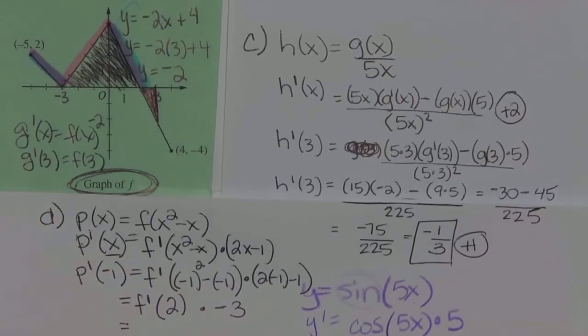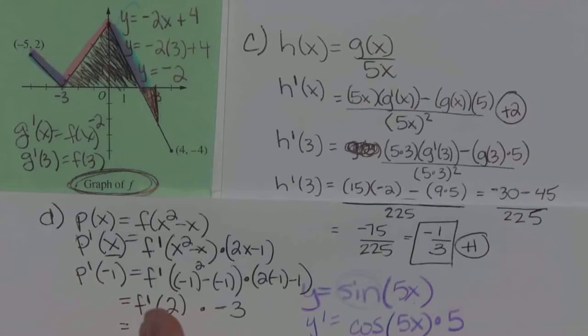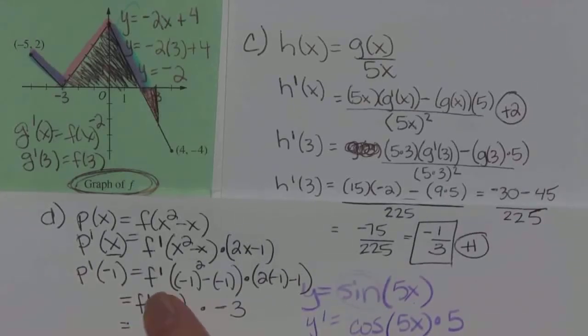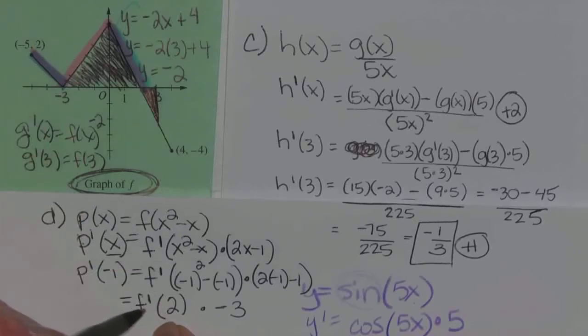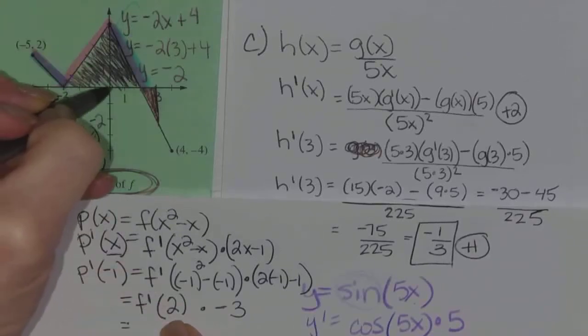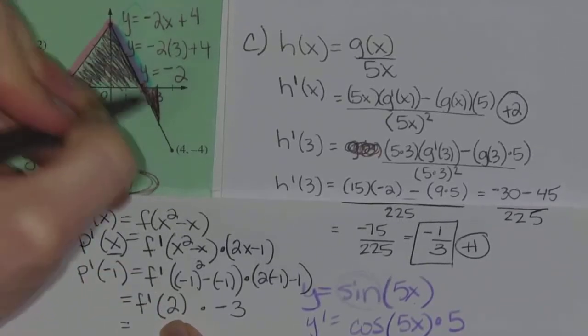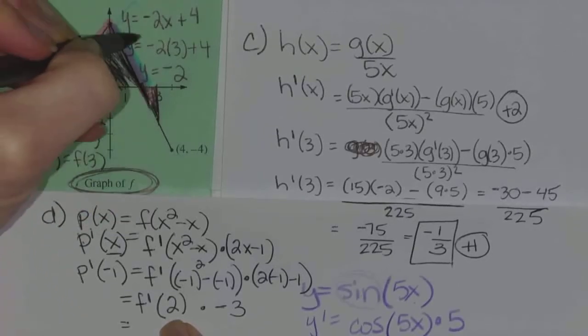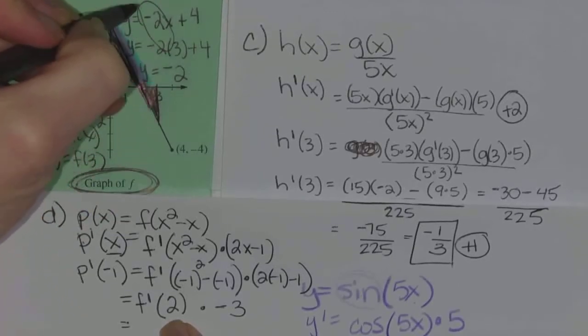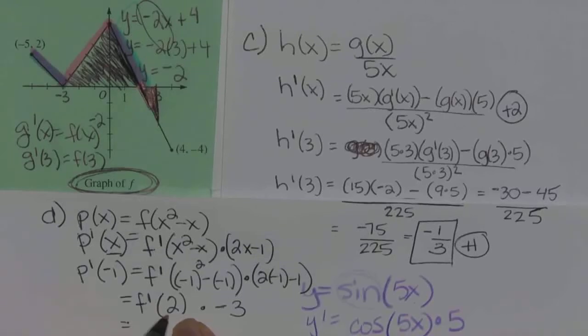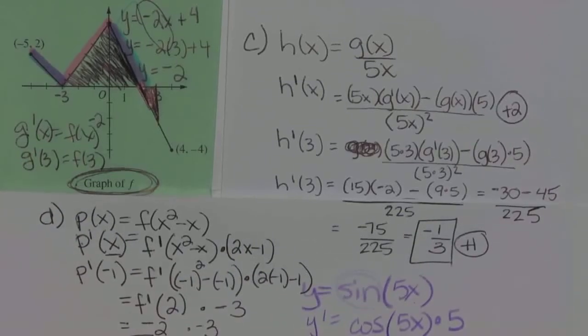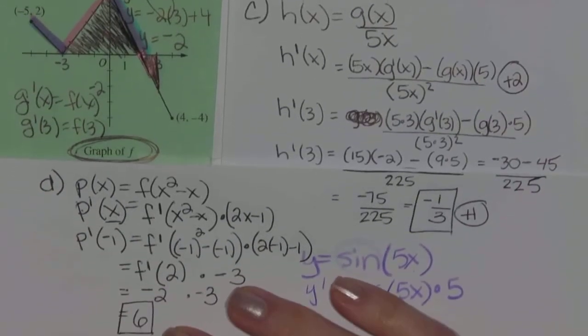And we know that f prime of 2, well, this is the graph of f. The slope of f at x equals 2 would be the slope of this line segment, which we already know right here from earlier is negative 2. So f prime when x is 2 is negative 2 times negative 3, positive 6. Final answer.